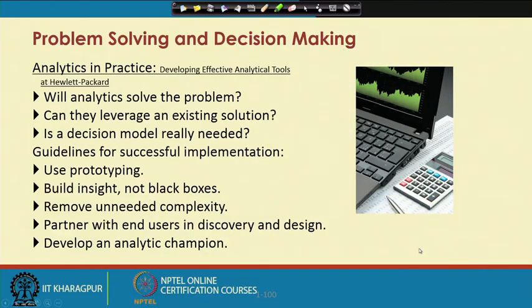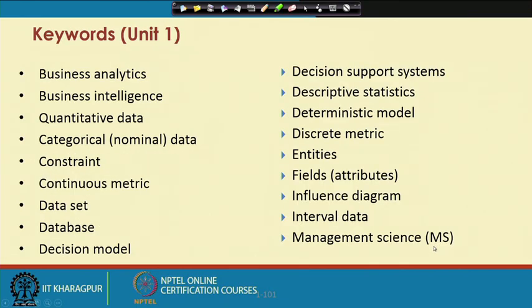Some of the slide examples are here, and I am giving them for your reference. Just go through them, read and understand how you can start with the problems, analyze the problems and take decisions, then apply subjective judgment, and finally, how best you can implement as per the reality.